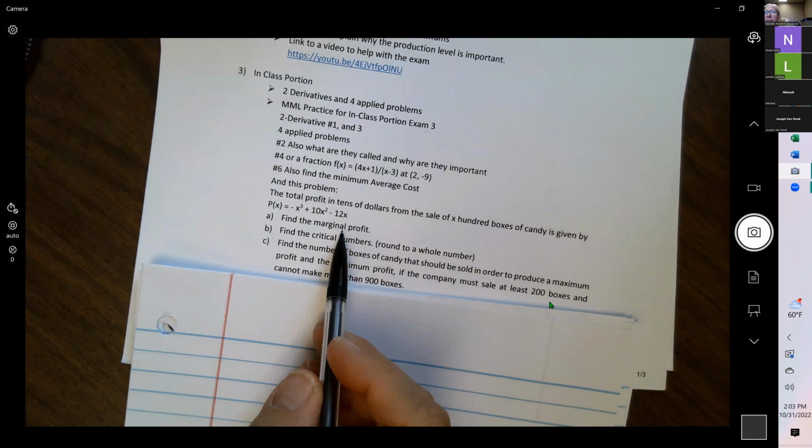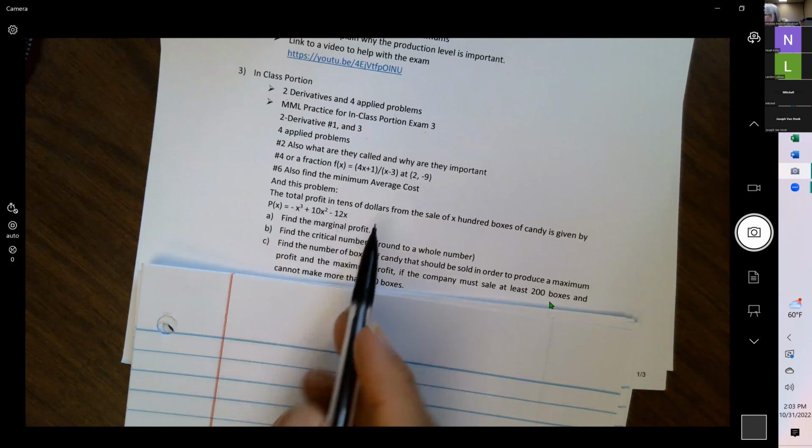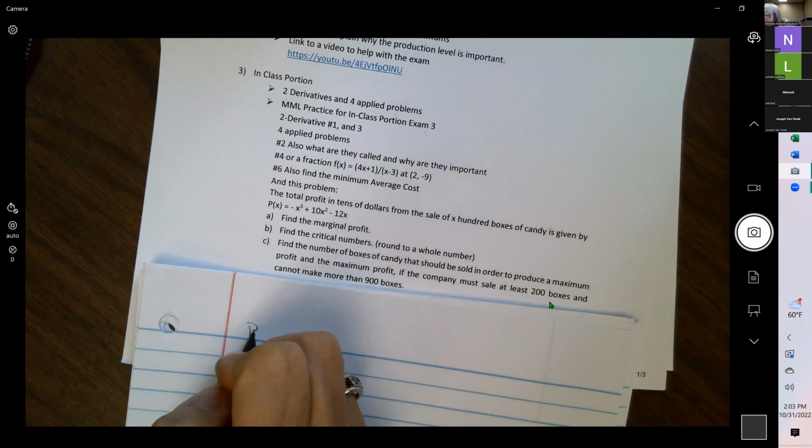Marginal profit, instantaneous rate of change, slope of the tangent line, they all mean take the derivative. So for marginal profit, we take the derivative.